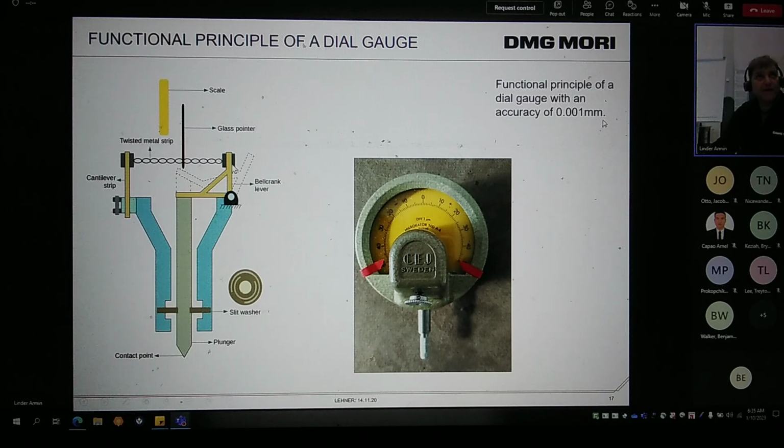There's a bell crank lever. If we go in, the bell crank lever goes to the right side and twists or tightens these metal strips, and the indicator goes to the right side. So they are very sensitive measurements, because the construction is a twisted metal strip inside.